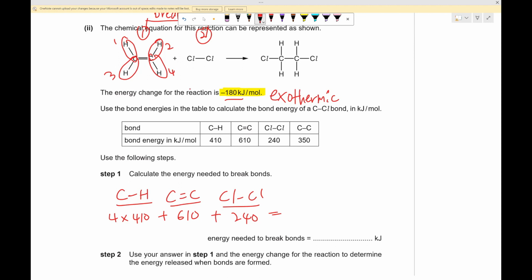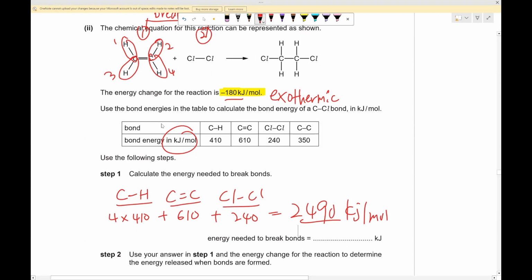So now 4 times 410, then plus 610 plus 240. How much do you get? You get 2490. This one is energy, so kilojoule per mole. You write down the answer here, 2490.